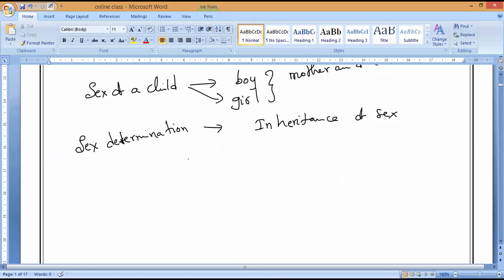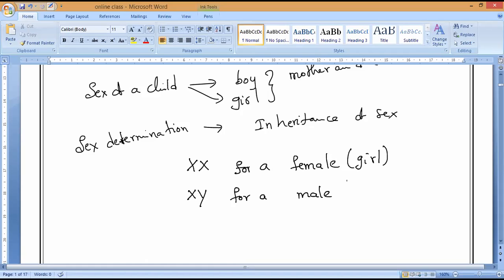XX is the representation for a female, a girl. And capital X and capital Y for a male. That is what you have to remember for a boy.